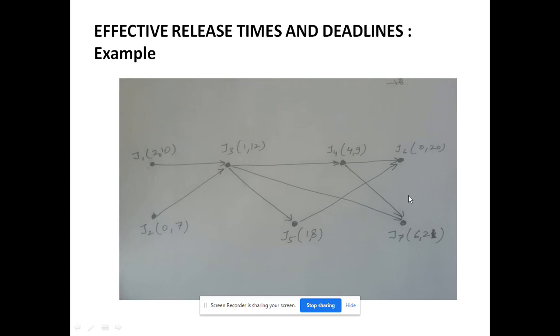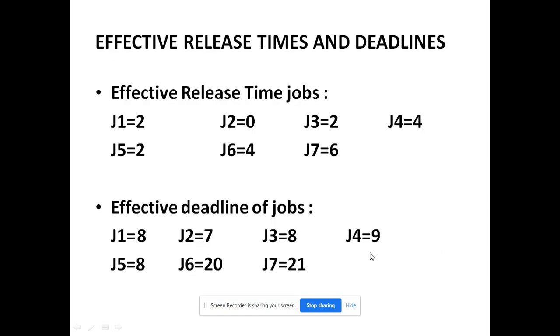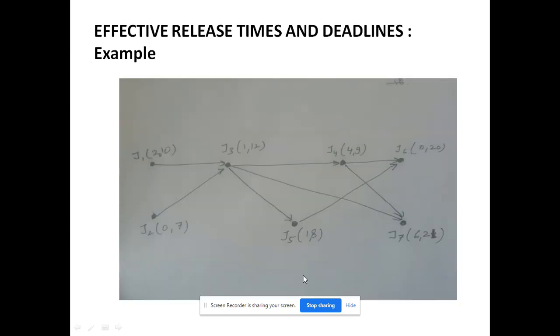J6 and J7 have no successors. If any job has no successor, then its given deadline is equal to its effective deadline. So the effective deadline of J6 is 20 and of J7 is 21, because both have no successors.